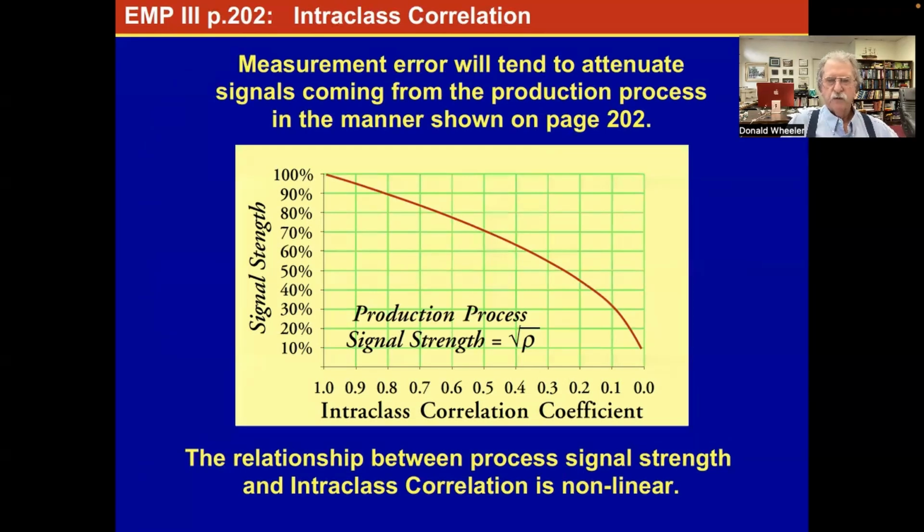The relationship between process signal strength and intraclass correlation is nonlinear. The production process signals will have a strength equal to the square root of the intraclass correlation coefficient.